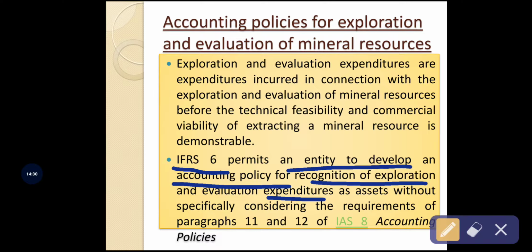Those assets must be used in the exploration and evaluation activity by the company, without specifically considering the rules, regulations, conventions and requirements which are mentioned in International Accounting Standard 8 under paragraphs 11 and 12 accounting policy.